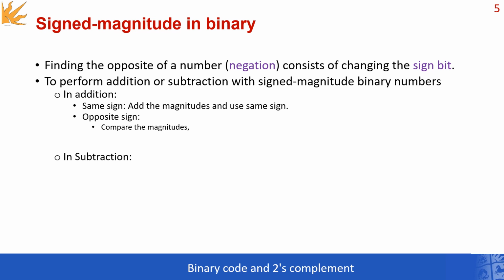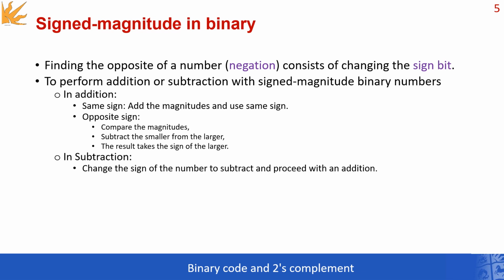In this case, you need to compare the magnitudes, and then you subtract the smaller one from the larger magnitude. At the end, the result takes the sign of the larger number. Let me correct that, of the larger magnitude. In subtraction, you change the sign of the number to subtract and proceed with an addition.